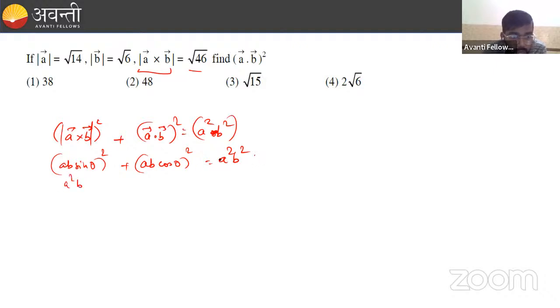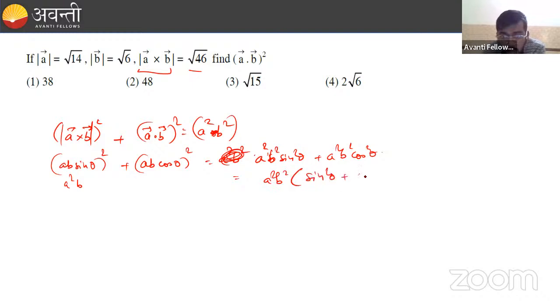So this will come out to be a square b square sine square theta plus a square b square cos square theta. So this will be a square b square into sine square theta plus cos square theta, which is a square b square. So mod of this square plus this square is a square b square.